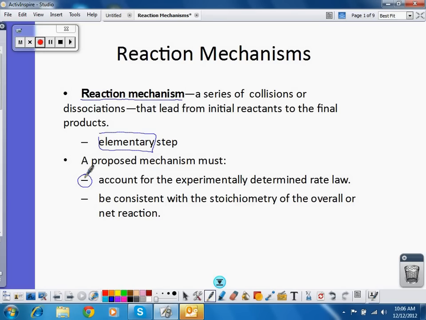So this is the first condition. It must account for the experimentally determined rate law. So really the rate law for the overall reaction comes from the mechanism or can be explained by the mechanism. And then the second one, where it must be consistent, that simply means when I take the steps of my mechanism and add them together, I get the overall reaction that I observe in the lab.